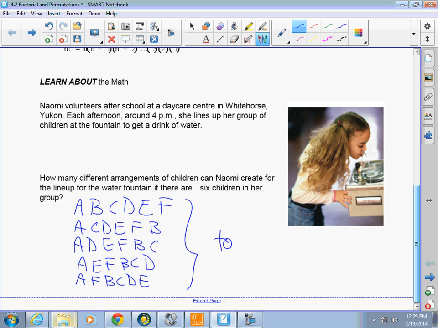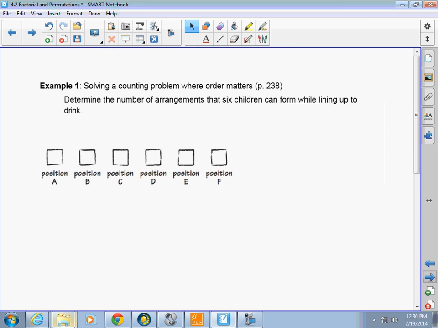This is way too much work if you have to go through and list all of the different arrangements that you have. So let's do this using math.